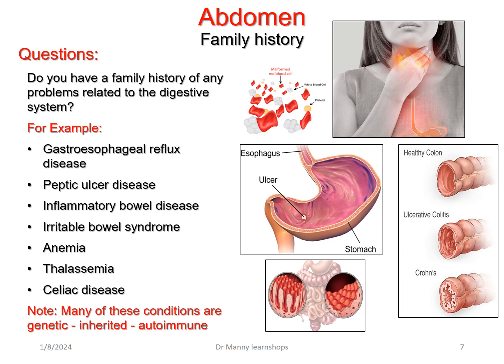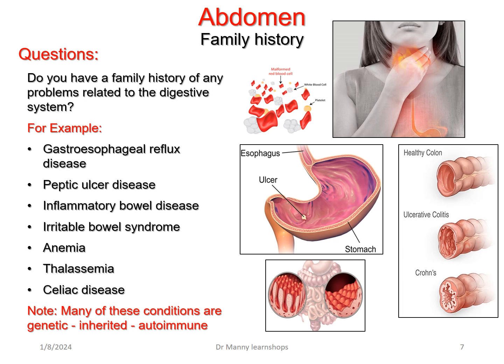When it comes to the abdomen, the family history again is important. Questions could be related to, do you have a family history of any problems related to the digestive system? For example, GERD, gastroesophageal reflux disease, which is fairly common. Peptic ulcer disease, which may also be considered common. Inflammatory bowel disease, such as Crohn's disease or ulcerative colitis.